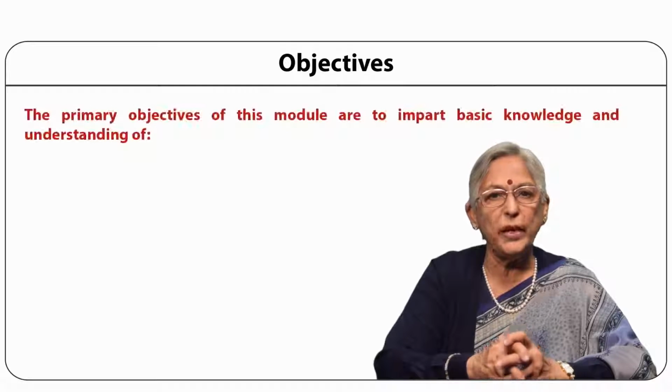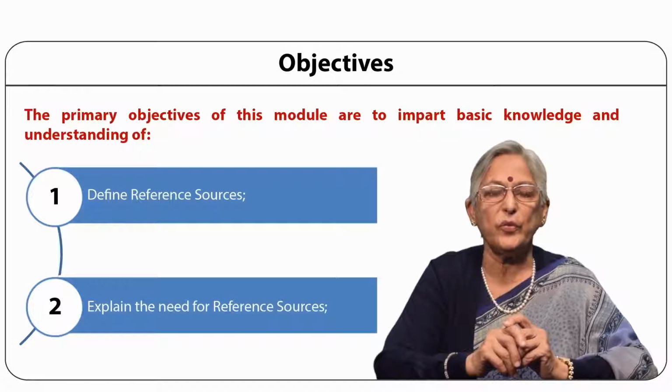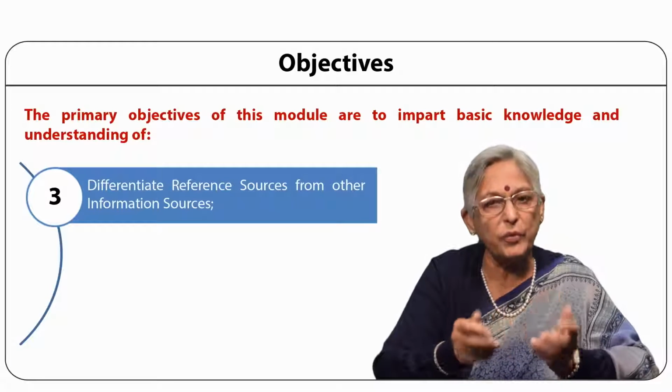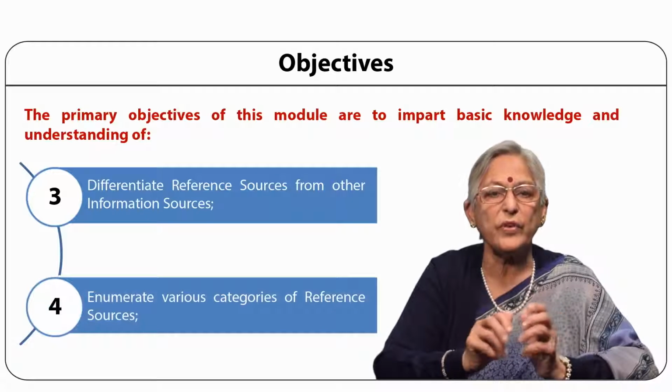After completing this module, you will be able to define reference sources, explain the need for reference sources, differentiate reference sources from other information sources, and enumerate various categories of reference sources.